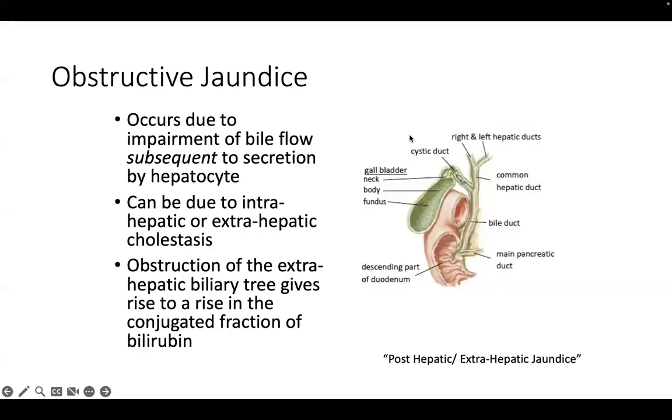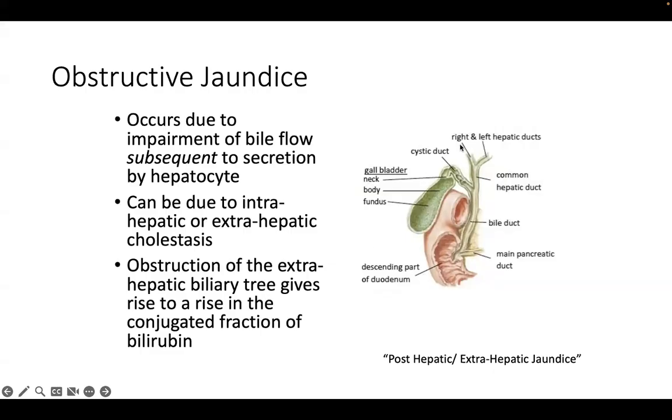The liver is here, they have secreted the bile, but there is some obstruction here, leading to obstructive jaundice. This can be due to intrahepatic or extrahepatic cholestasis. Obstruction of the extrahepatic biliary tree gives rise to the conjugated fraction of bilirubin.